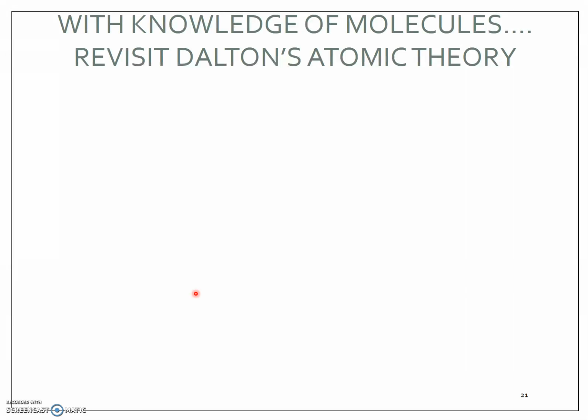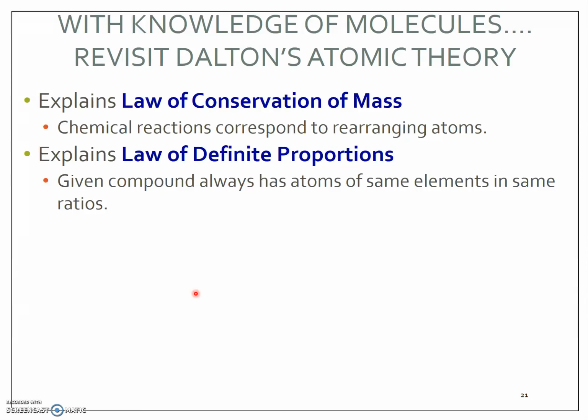From Dalton's theory, we went over 2 laws: the law of conservation of mass and the law of definite proportions. The law of conservation of mass says we cannot create nor destroy mass. Whatever we have has to be accounted for.